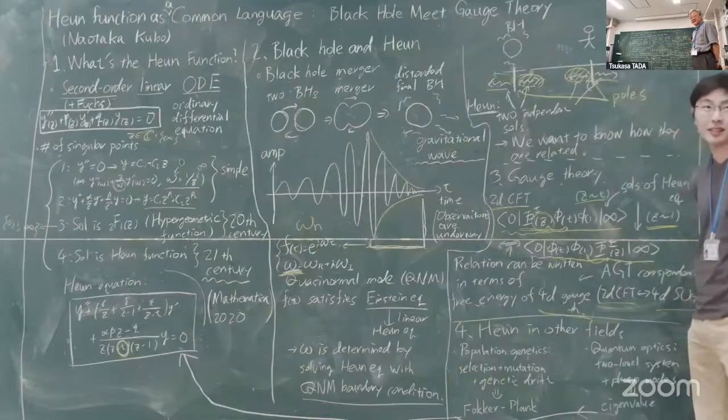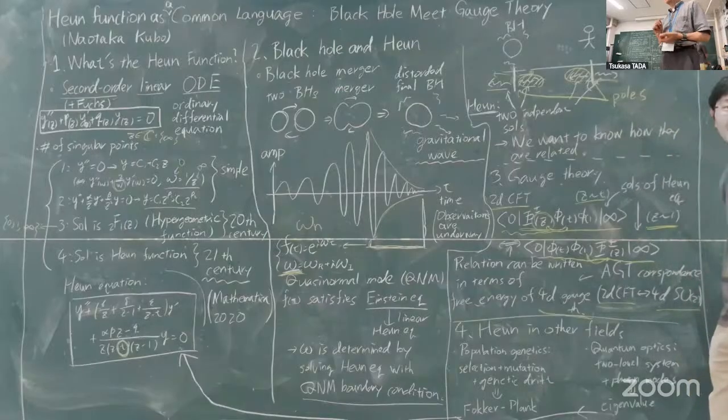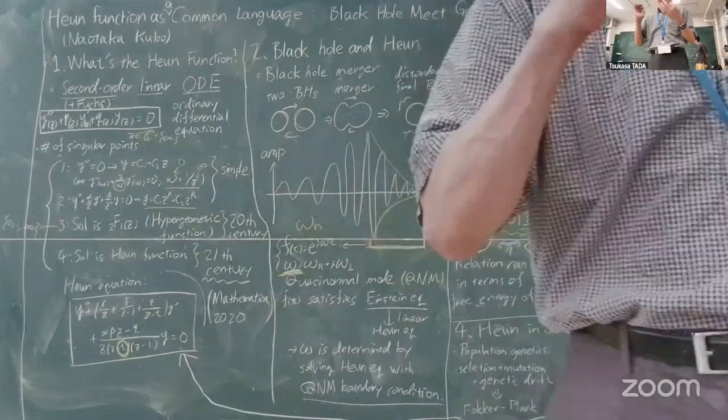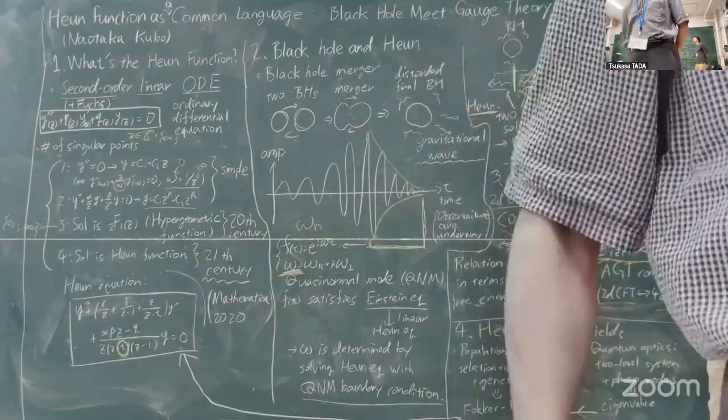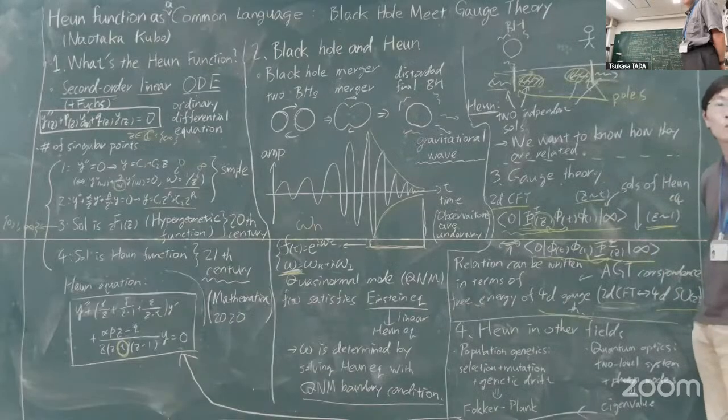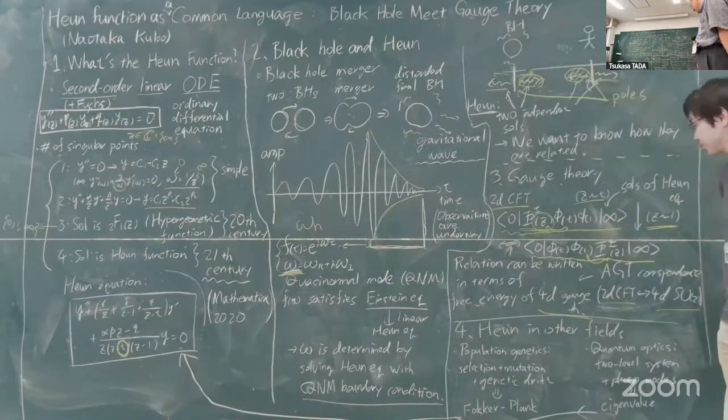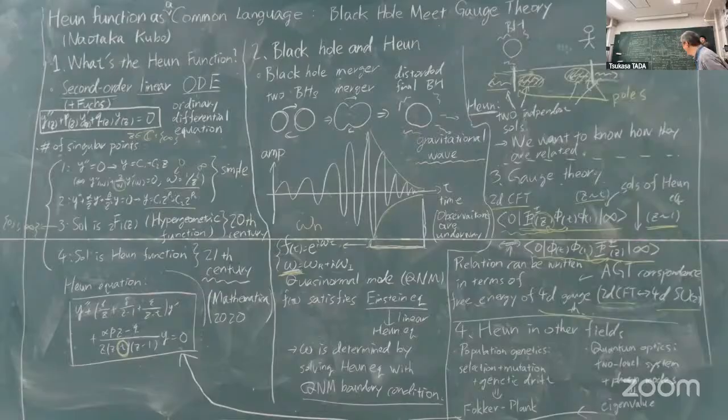Okay, that was already an expert question, but is there any non-expert question? Maybe it's not a question but a comment on the biology part. I think there is a paper on arXiv that links population genetics and these functions, so I guess that's what ChatGPT was looking at.